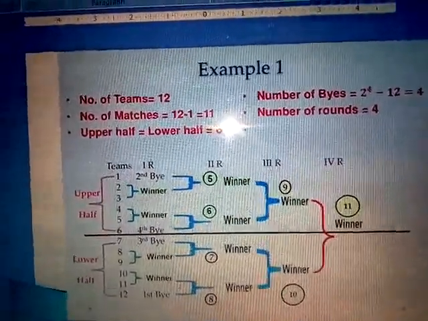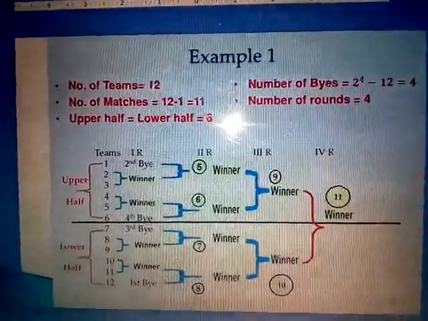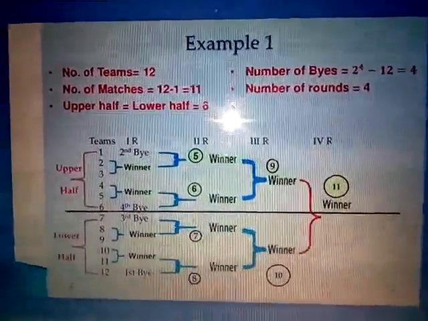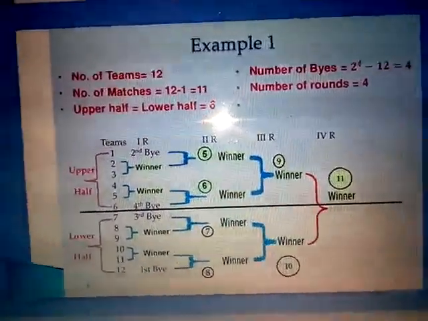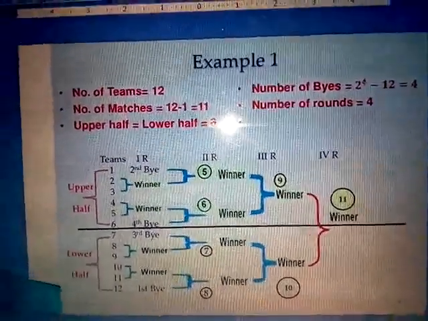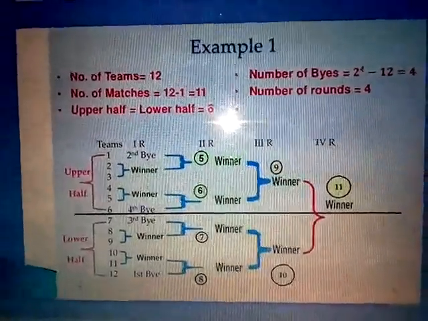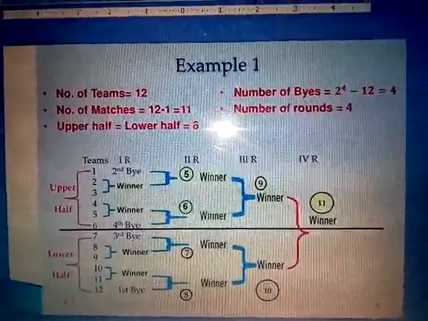So in this way we can fix the byes to the different teams. In this example, we have taken the number of teams as 12. The number of matches is 12 minus 1, which is equal to 11.